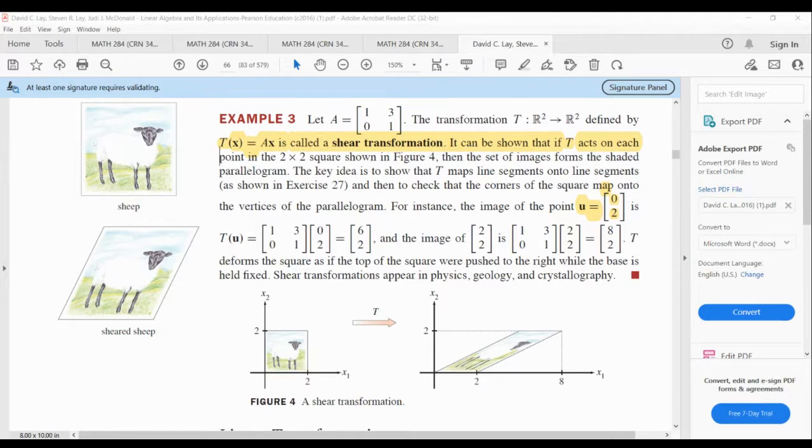I want to make sure everybody's comfortable with it. The effect of this transformation is that the sheep is getting transformed into this sheared sheep, and that's known as a shear transformation. This is what they're talking about here. Are there any questions on that?